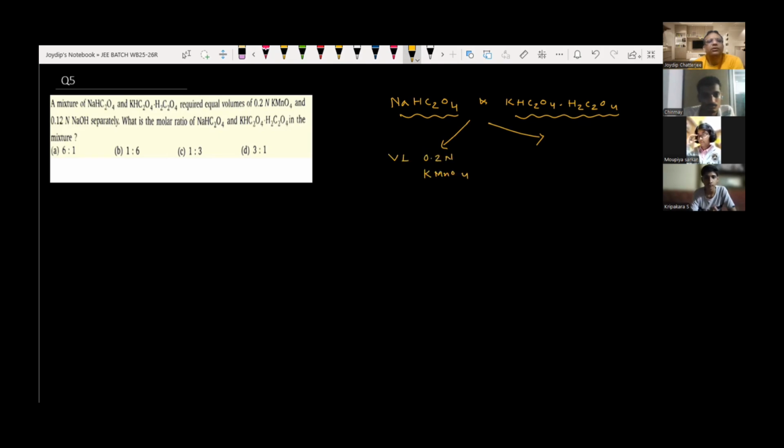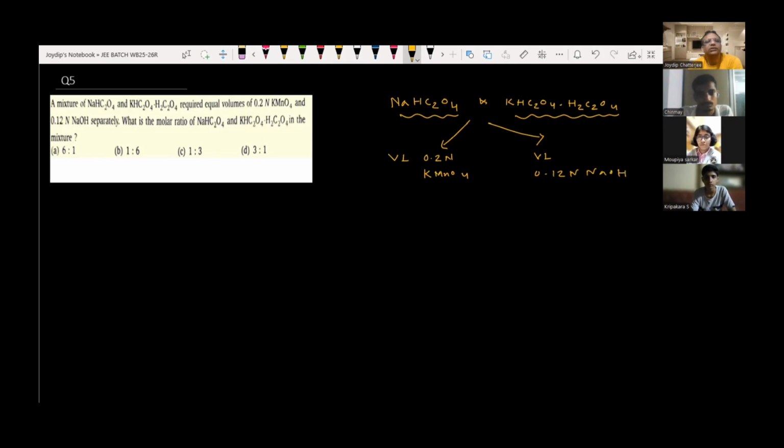So first of all, if we consider this compound sodium hydrogen oxalate and another compound, so these two compounds are reacting with equal volumes, suppose V liter, of 0.2 normal KMnO4 and V liter of 0.12 normal NaOH.